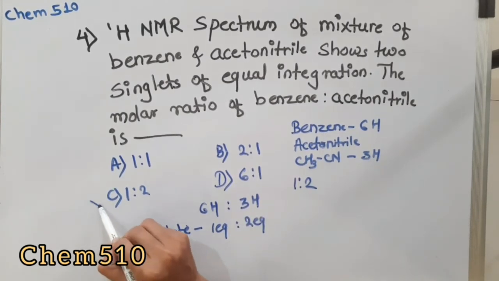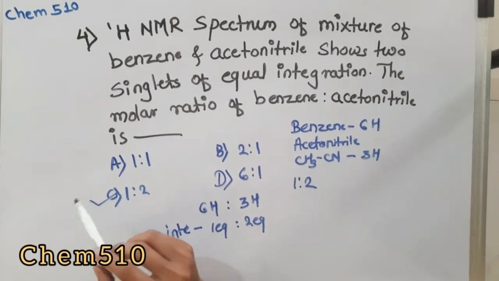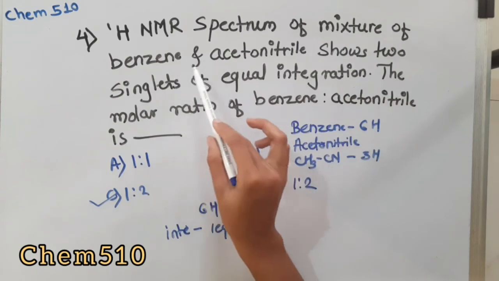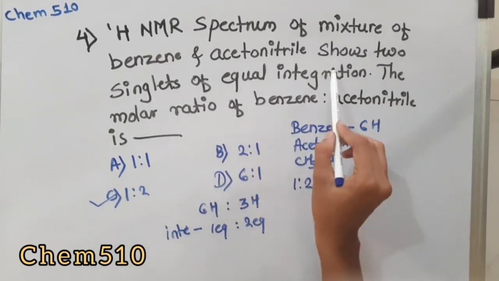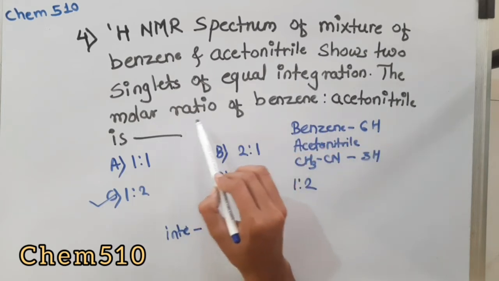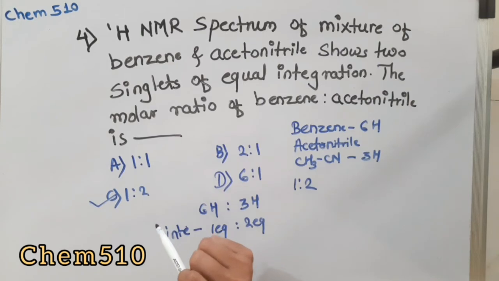So option C is correct, which is 1:2. The H1 NMR spectrum of a mixture of benzene and acetonitrile shows two singlets of equal integration. The molar ratio of benzene to acetonitrile is 1:2.